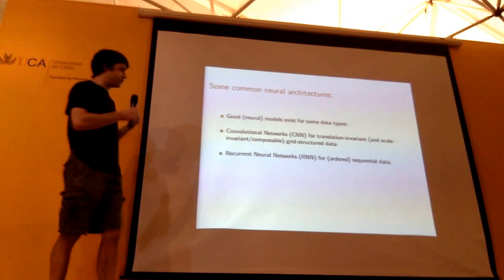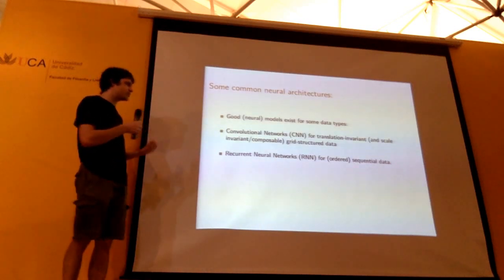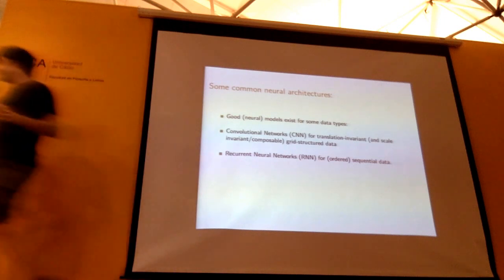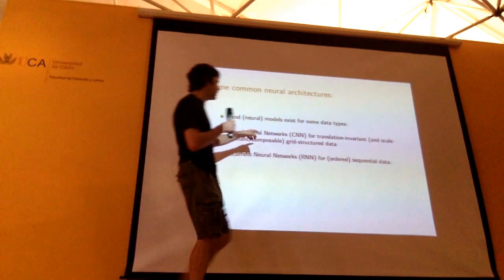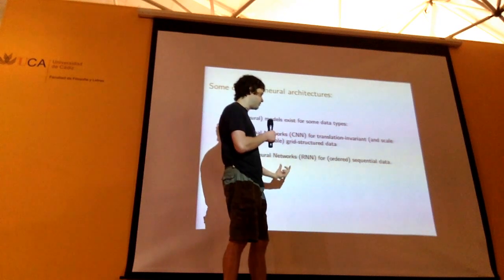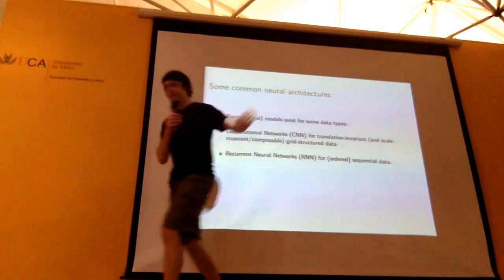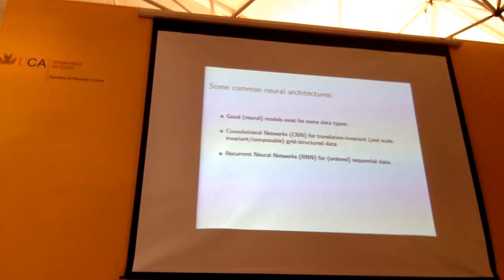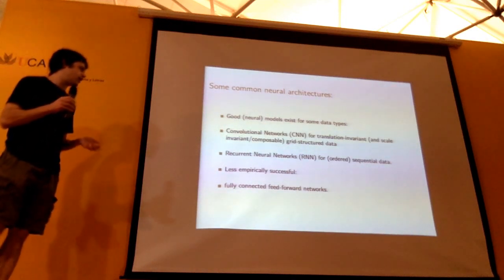But the ones where you take an RNN and apply it to a sequence tend to work reasonably well. Here we had grid structured and translation invariant. Actually, RNNs applied to sequences are translation invariant, but here you have sequential, you have a notion of order. And those things work. What doesn't usually work very well is fully connected feed-forward networks.